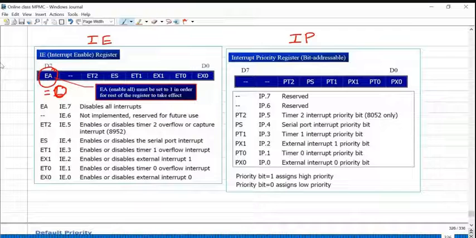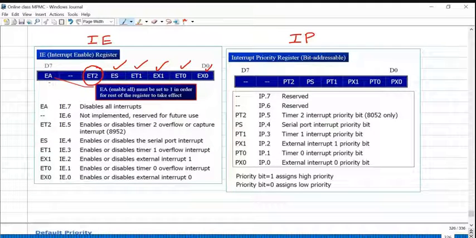That is the purpose of the D7 bit. Apart from this, you can individually enable or disable the corresponding interrupt. These are the bit positions for external interrupt INT0, INT1, timer 0, timer 1, and the serial port communication interrupt. This bit we are not using; it is for the 8052 microcontroller.